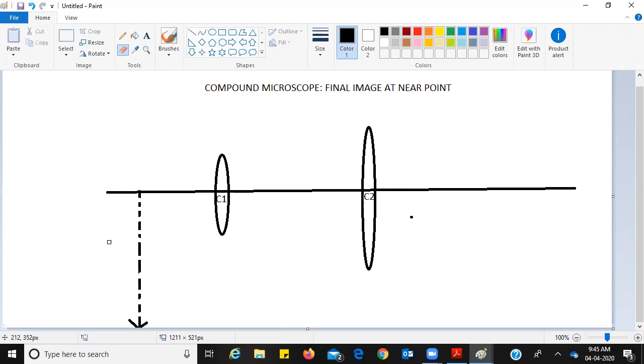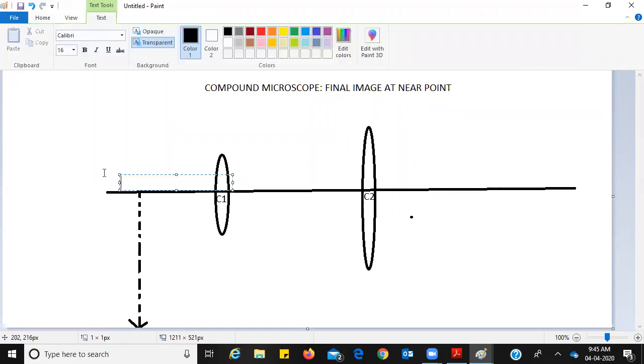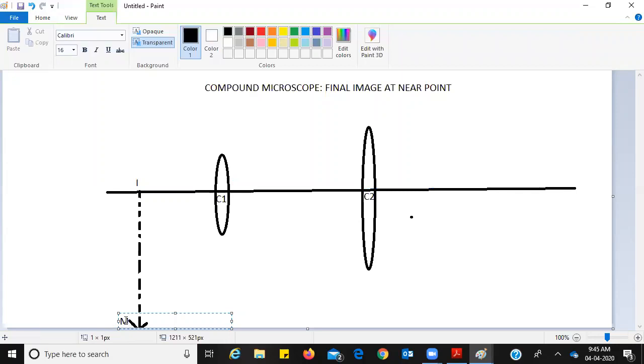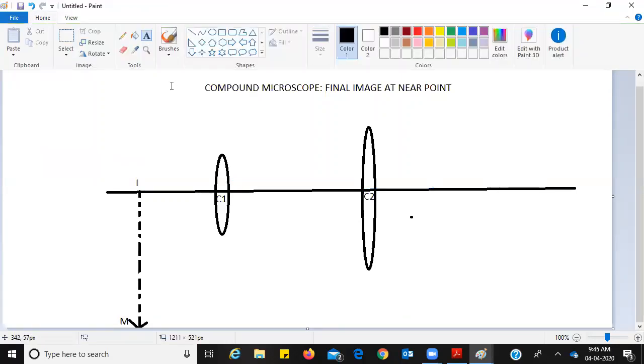You can check how I'm doing this. This is called IM. I'm drawing one light ray from M to C2.